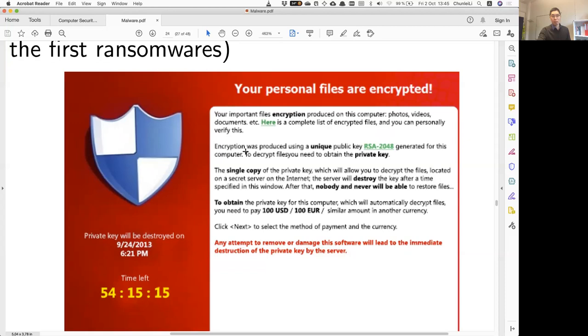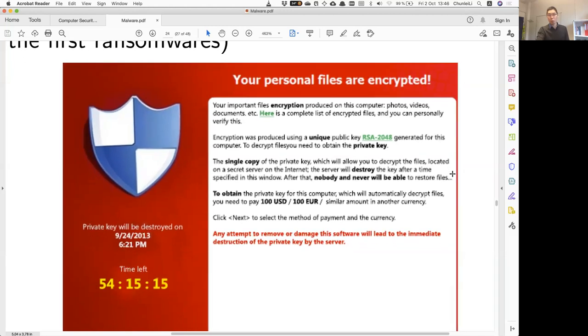And it mentions encryption was produced using a unique public key, RSA 2048. Now you have a real understanding of the security of RSA 2048. So far, I would say there's no way to practically decrypt RSA 2048 without the private key.